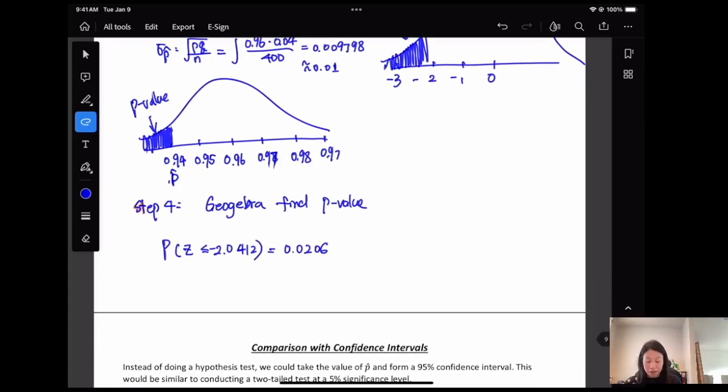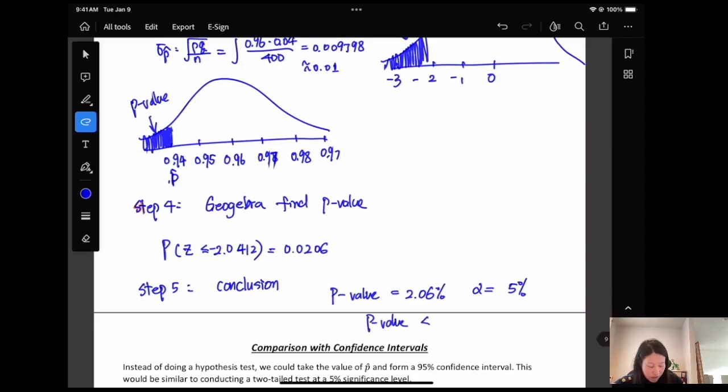So the next step is we compare the p-value and write the conclusion. Since our p-value equals 2.06% and alpha equals 5% (if they didn't state the significance level, we just use alpha equals 5%), the p-value is less than alpha, so we can say this is significantly small.